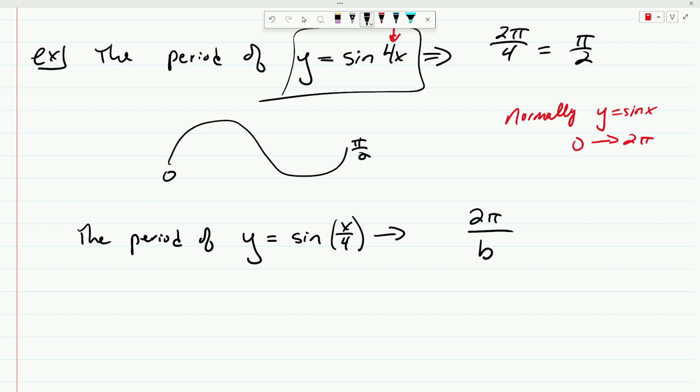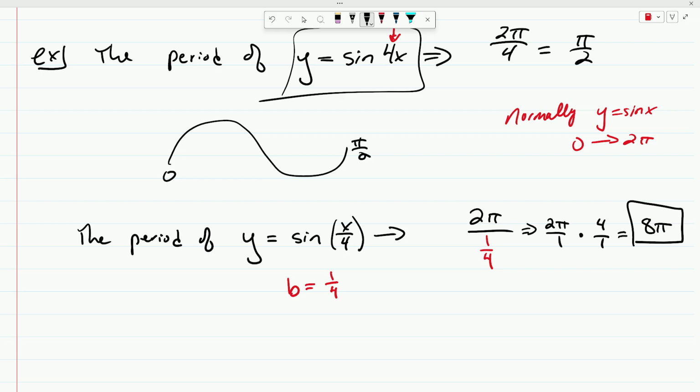In this case, b is equal to 1/4. So I'm going to erase the letter b: 2 pi divided by 1/4. Well, that's nothing more than just taking 2 pi over 1 and multiplying it by the reciprocal. 2 pi times 4 is 8 pi.